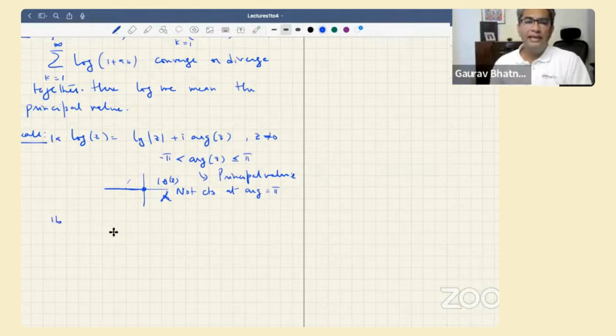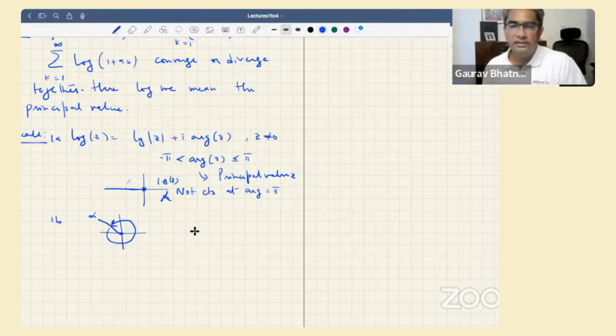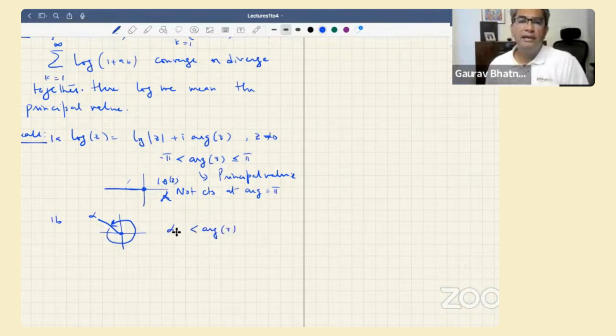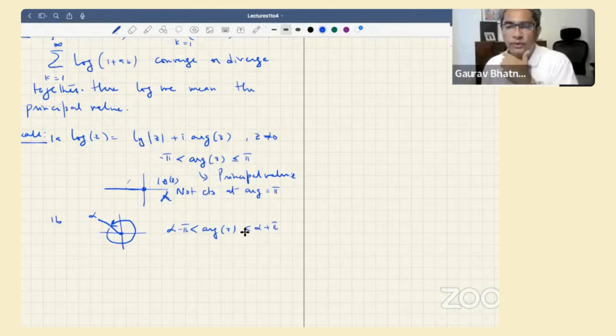In principle, you could cut along any ray not containing 0, and take the argument of z to be bigger than alpha minus pi and up to alpha plus pi, to get the principal value.